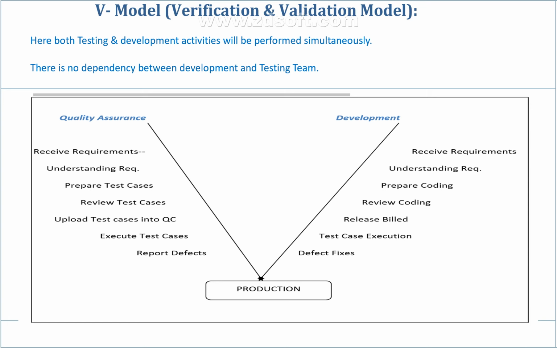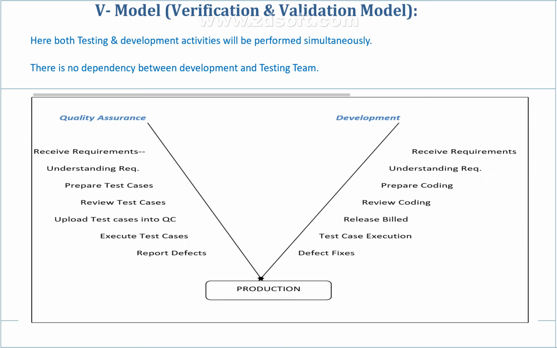The developer will do the code reviews and QA will do the test case reviews. The developer will share the build with the testers. After the build, whatever code they have developed, that particular piece of functionality will be handed over to the testing team, so that the testing team can test whether that functionality is working fine or not.